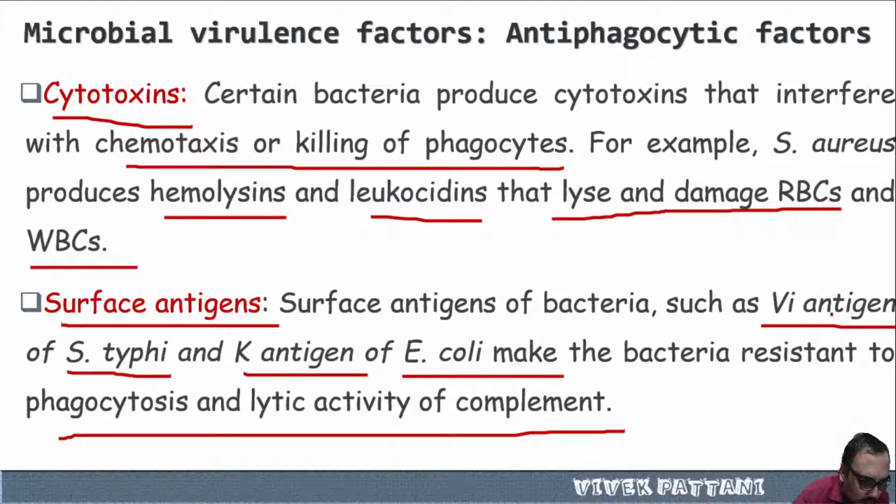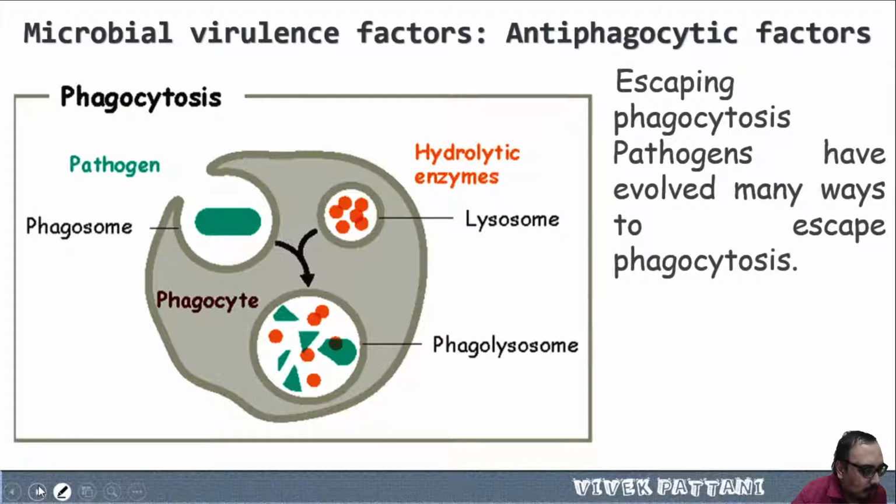So in the case of Salmonella, Vi antigen, and in the case of E. coli, the bacteria resist phagocytosis and the lytic activity of the complement.